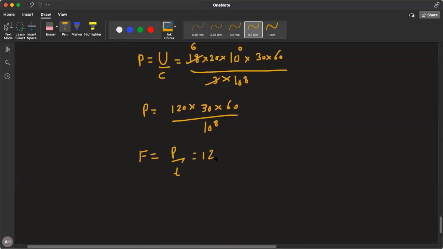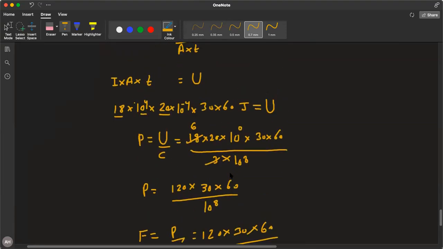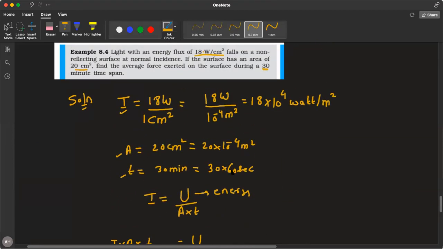So P is 120 into 30 into 60 over 10 raised to the power 8. How much is time? It should be given somewhere. Just read the question.